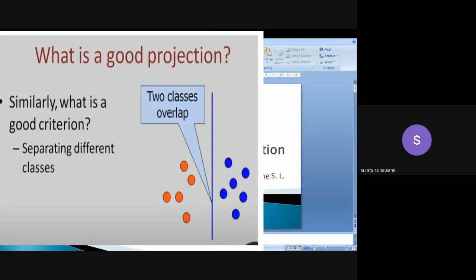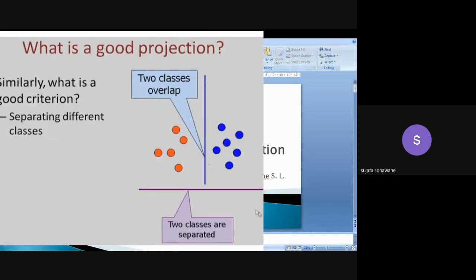Now I will show you the second one. If we plot these points on this purple axis, then at that time you can classify or separate them.